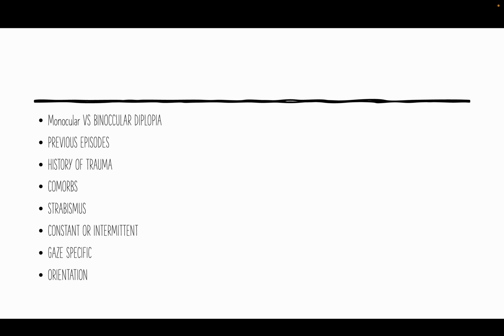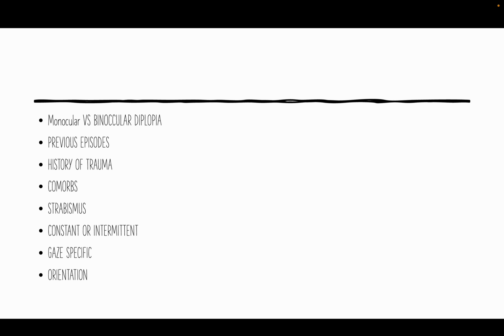Coming to the previous history, always ask if there is a previous history of diplopia or any history of trauma, because one of the most common causes we find is superior oblique palsy, where the fourth nerve is damaged. The most common cause of fourth nerve palsy is always trauma.